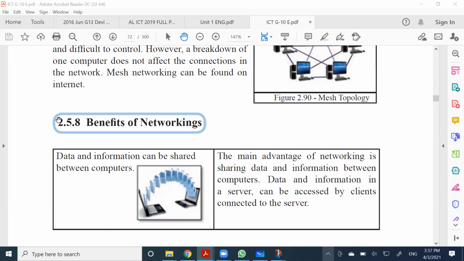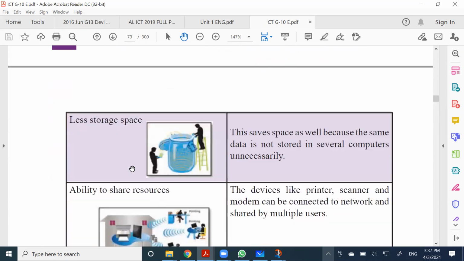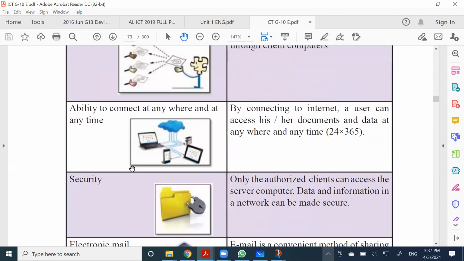Ravindu, you need to write only the left column. There are two columns, and you only need to write the points in the left one, right? So it's just like the topics.